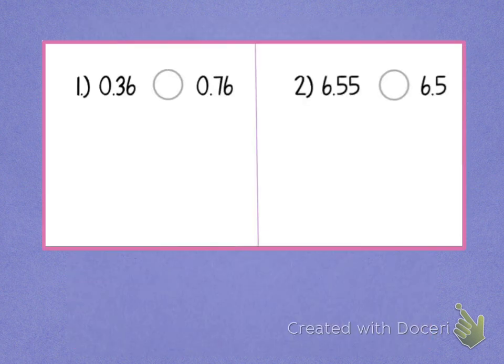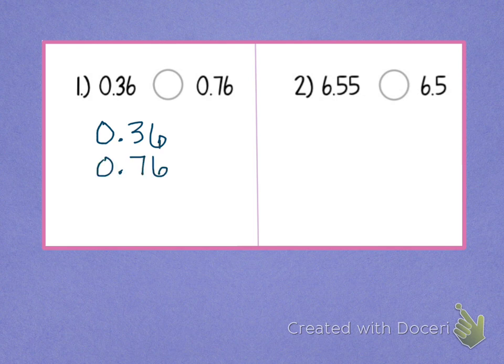So let's practice this. We said that we were going to start in the hundredths place. The first step is to line the numbers vertically. So I have 0.36 and 0.76. Okay, so here are my first two numbers that I need to identify. They are the same, so they don't help me.